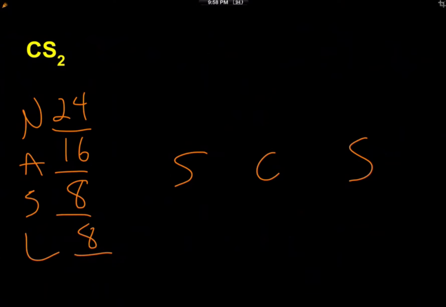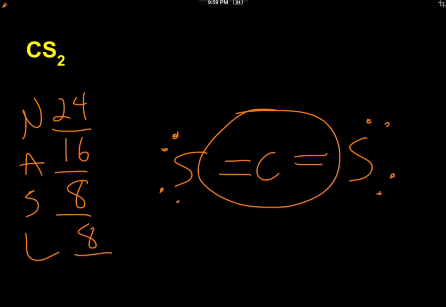So since we need to share 8 electrons and we only have 2 atoms to bond with, we're going to need 2 double bonds to share those 8 electrons. And then since we have 8 left over, each of the sulfurs gets 4 dots. Now, looking at the shape, we've got 2 bond regions, even though they're double bonds.